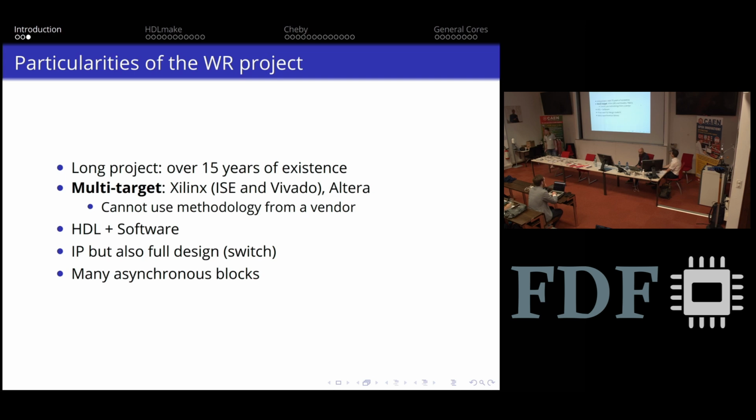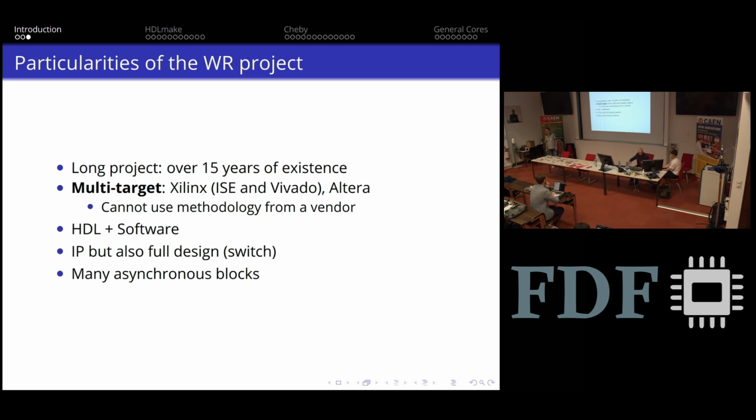One of the particularities of the White Rabbit project, which I think has structured the working flow inside our section, is that it's a project we started a long time ago, so we had time to improve our methodology. It's also a multi-target project, so the White Rabbit core is supposed to be embeddable into any FPGA, which means, roughly speaking, at least Xilinx and Altera.